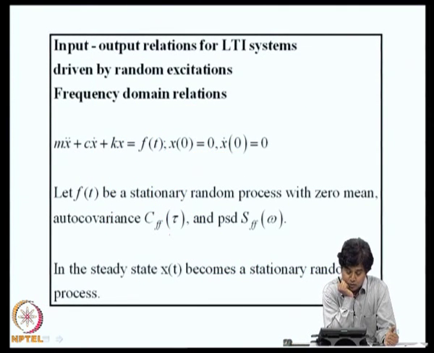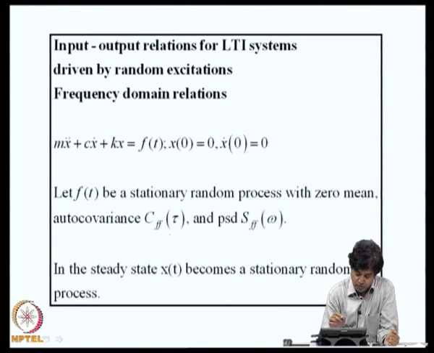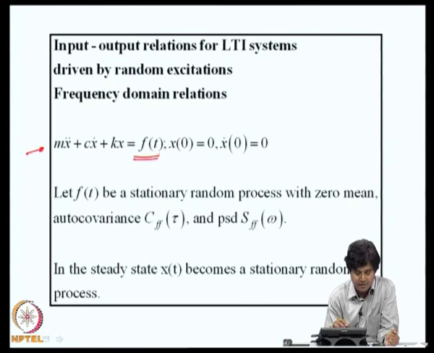We now move on to the description of input output relations in terms of the frequency domain description of the system. So, we consider again the system driven by f of t, where f of t is now a stationary random process. As we saw, the notion of power spectral density function is valid only for stationary random processes.